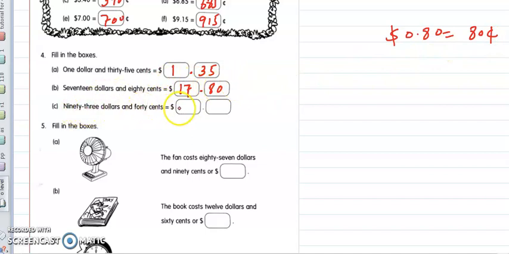Now $93, I will write $93 and 40 cents. So for the cent I will write 0.40. Next is fill in the blanks. The fan costs $87.90. So we'll write 87.90.